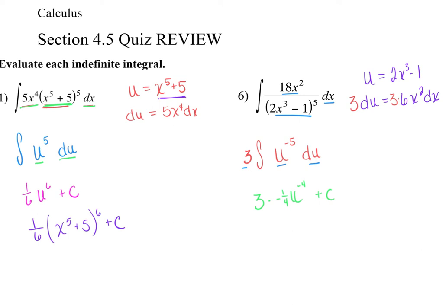And actually, because that is a negative exponent, I'm going to do negative 3 over that 4 and go ahead and put this in the denominator when I replace that u: 2x cubed minus 1 to the fourth, and of course plus c. So I just multiplied the 3 times the negative 1/4, that's negative 3/4. U to the negative fourth is actually u to the fourth in the denominator because it's a negative exponent, and I just replaced my u there.